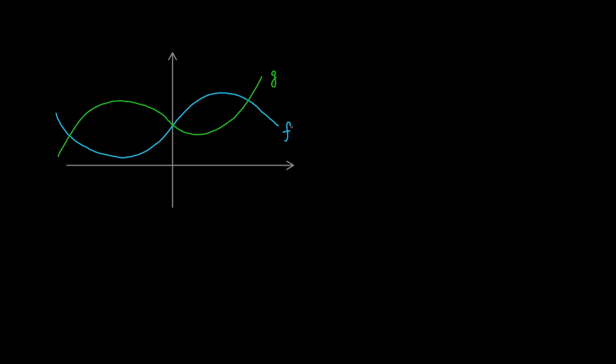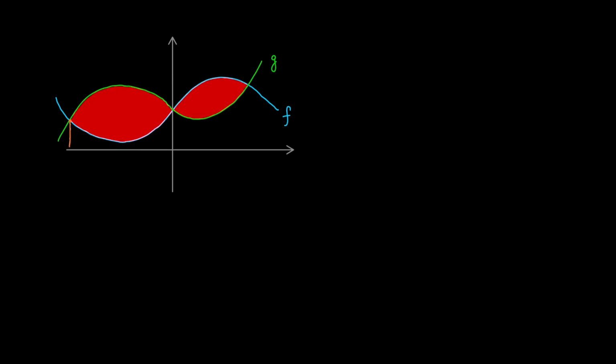Here, once again, we have two functions f and g. They intersect and they form two parts of areas, one on the left-hand side and the other on the right-hand side. Of course, once again, the first step that we have to take is find their intersections in order to establish the bounds of our integral. However, as you can see, in the first part of our area the function g is above and the function f is below.